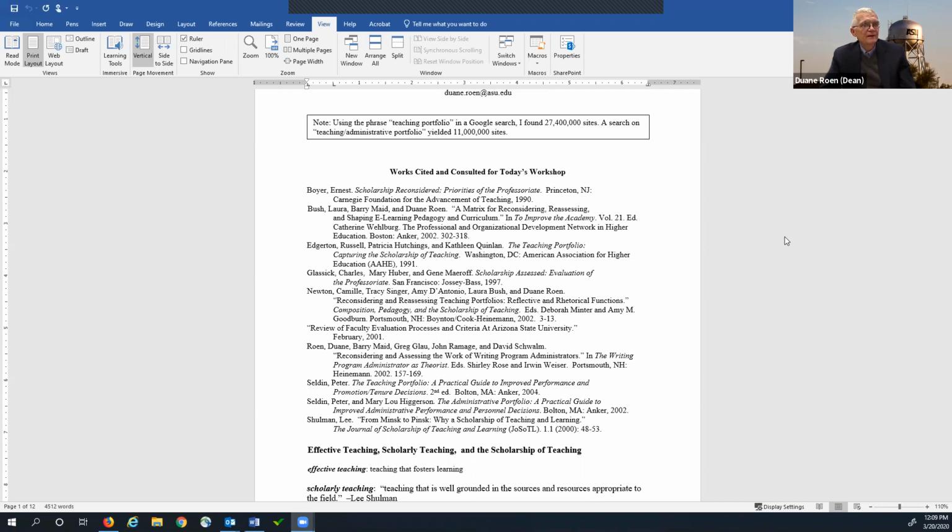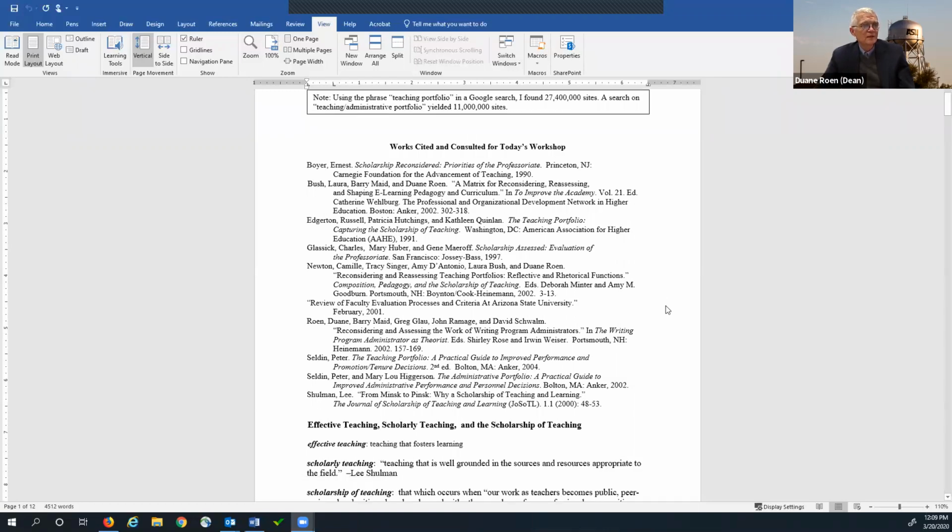Then the Edgerton, Hutchings, and Quinlan book is a pretty popular one. The classic Huber and Hutchings book, Scholarship Assessed, Evaluation of the Professoriate, is a sequel to the Ernest Boyer book, and I'll come back to that a little bit later as well. And then I want to mention the Peter Seldin book and the one with Mary Lou Higgerson.